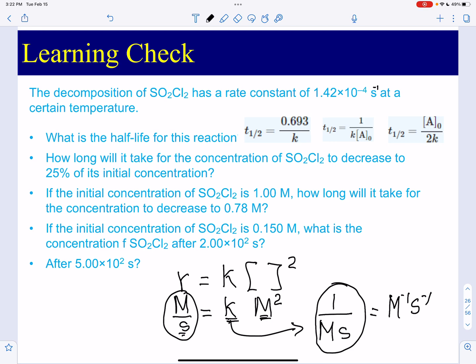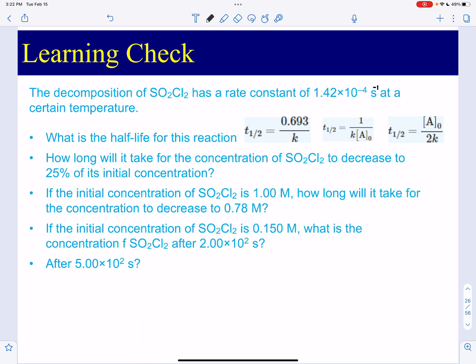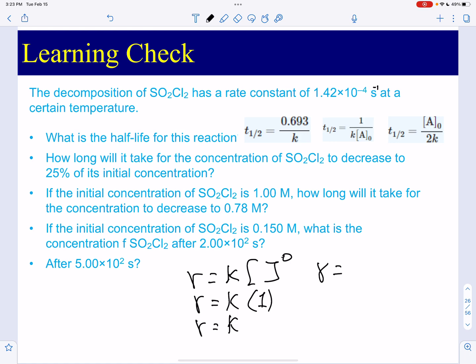What about zero order? The rate law for zero order is rate equals k concentration to the 0, and anything to the power of 0 is the same as 1. So rate equals k. So if rate equals molarity per second, then k will have to be molarity per second, because molarity per second multiplied by 1 gives you molarity per second.